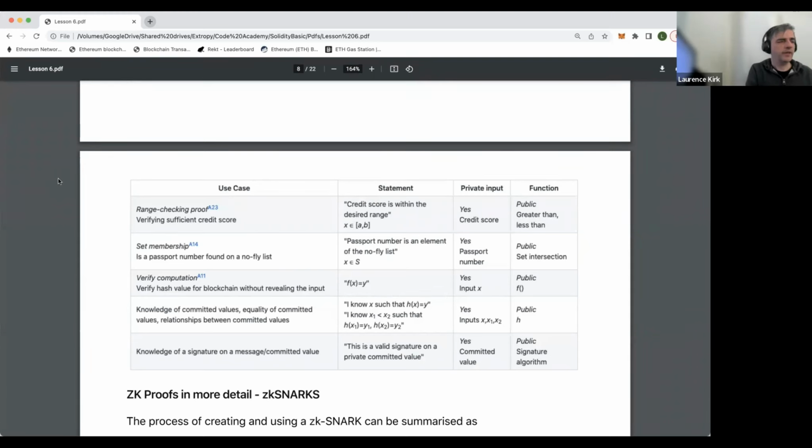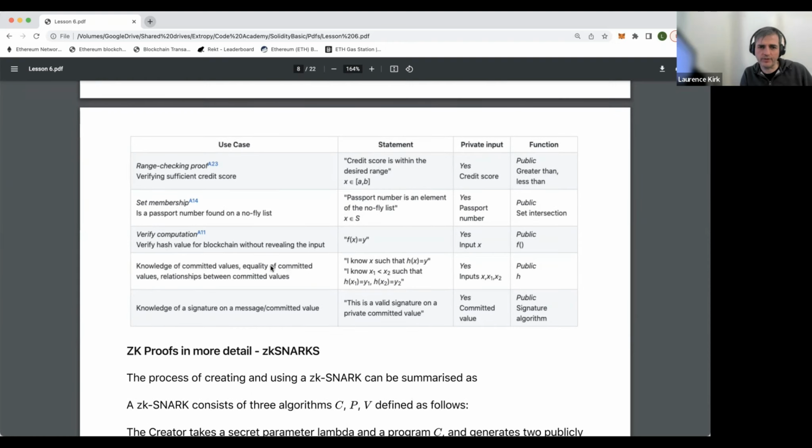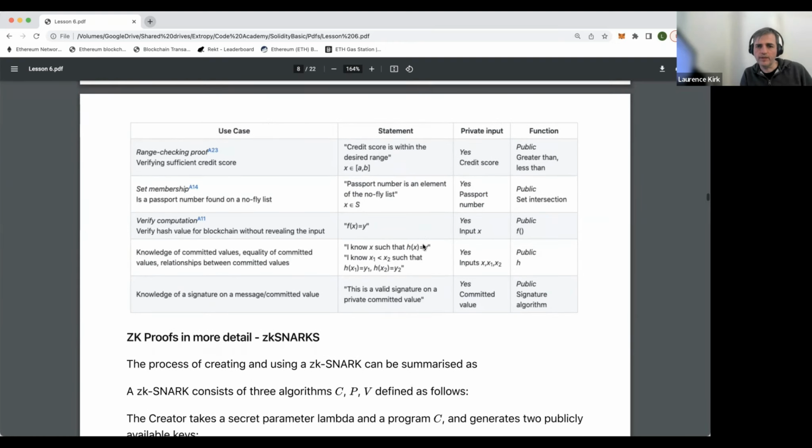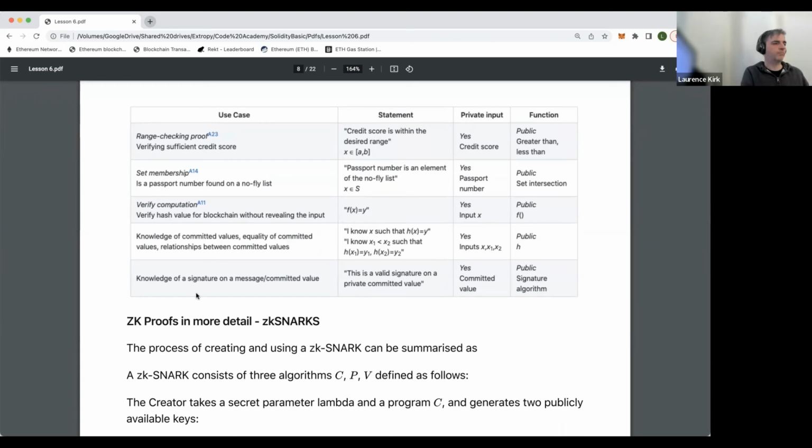Or with set membership, you can check that a particular passport is not on a list without giving away the passport details itself. We've covered computation, and that kind of comes into the next one, committed values as well. And also signatures. You can bundle up other aspects of cryptography along with zero knowledge proofs, and then effectively hide what the inputs to the proof were.